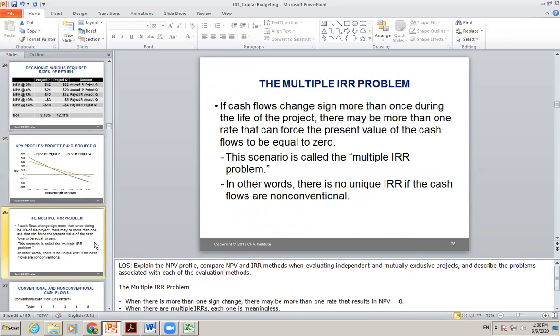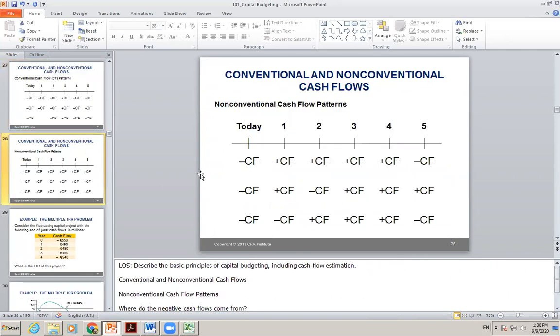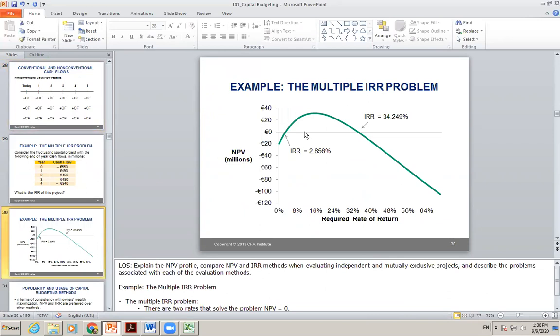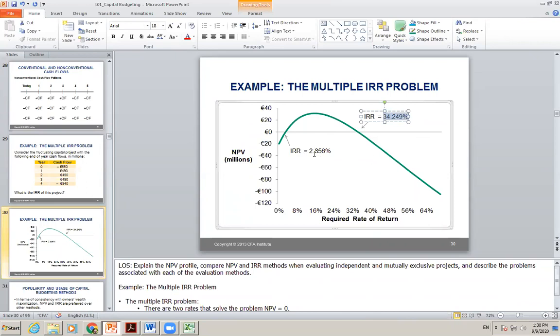Okay. Multiple IRR, like in one project. Okay, here's an example. So in this place, NPV is equal to 0 and here NPV is equal to 0. So the IRR here is 2.85, the IRR here is 34.24. So which IRR do you have to use? You don't know. You cannot say the first one I'll take or the second one is higher.